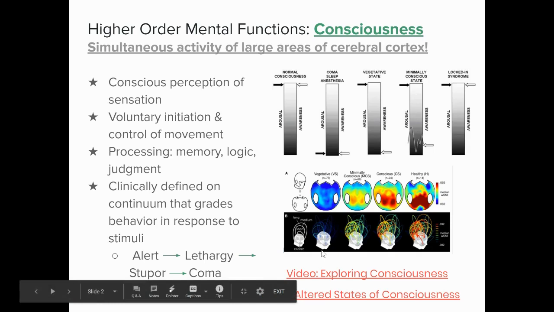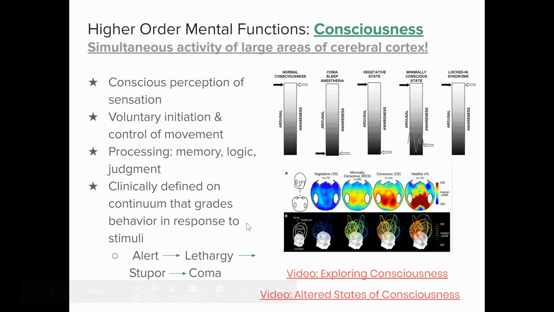You can see there's no activity going on. So being aware of your sensation, your awareness, being voluntary in making a movement, processing, creating memories, using logic to solve a problem, having good judgment, all of those things make up part of your consciousness.